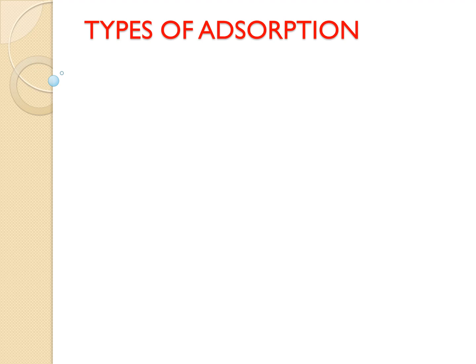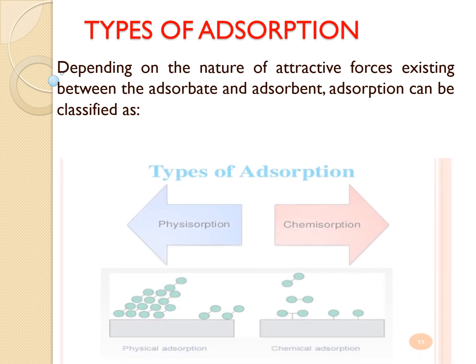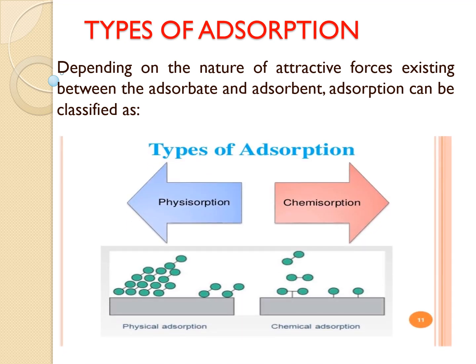Types of adsorption. Depending upon the nature of attractive forces existing between the adsorbate and adsorbent, adsorption can be classified as physisorption and chemisorption. Physisorption is also known as physical adsorption, chemisorption is also known as chemical adsorption.